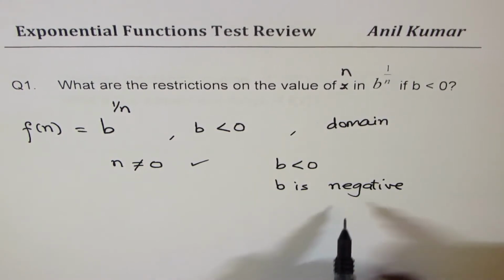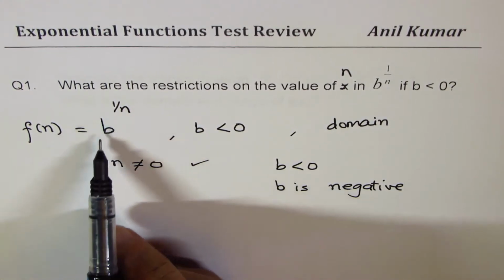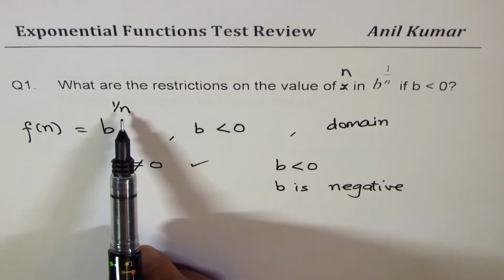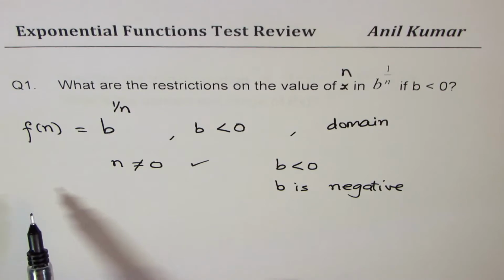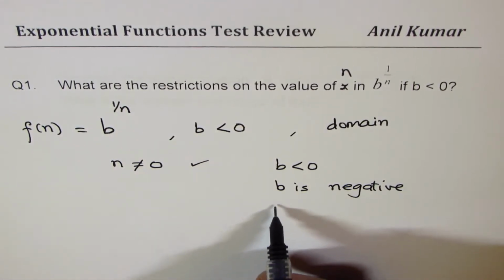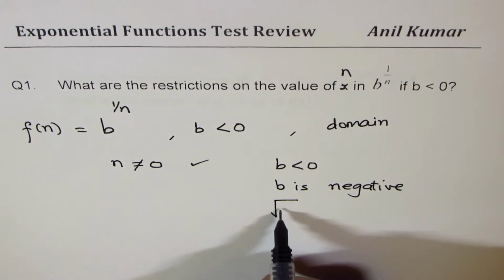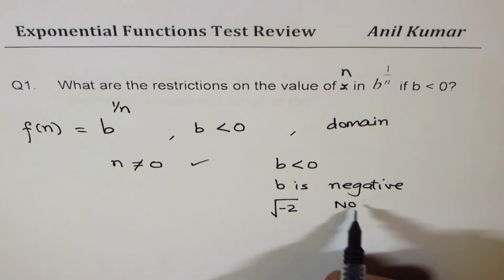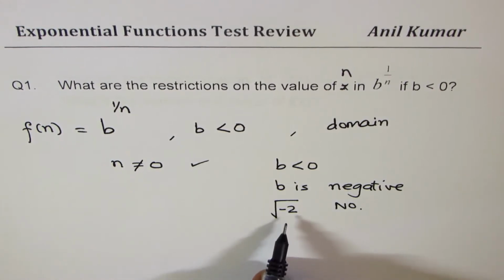b is negative. Now, this is an exponential function where b is negative. What could be the restriction on n? Think like this. Can you have square root of minus 2? No, right? Do you get an idea?